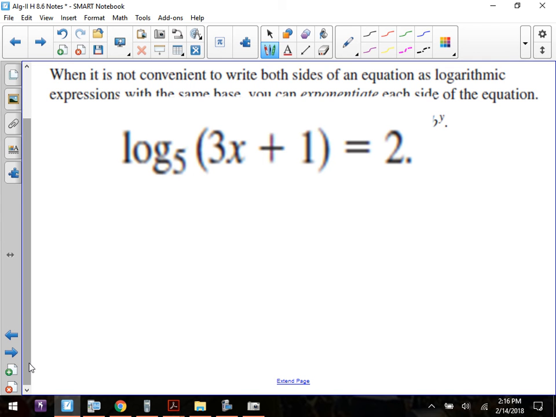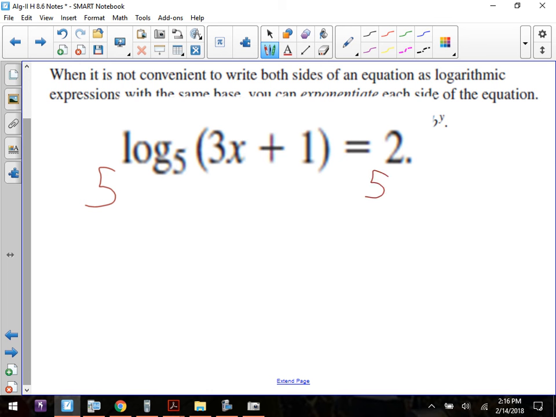So if I have log base 5 of the quantity 3x plus 1 equals 2, how do I get rid of the log base 5? I exponentiate it with a 5 on one side, which means I do the same over here.